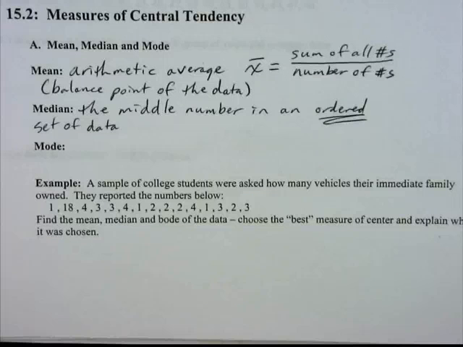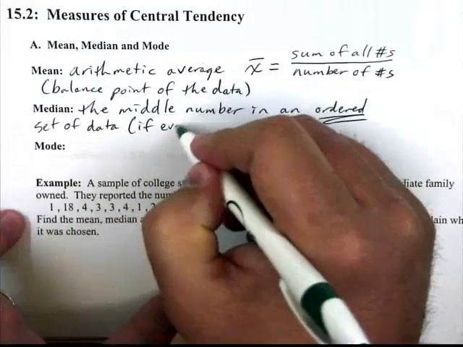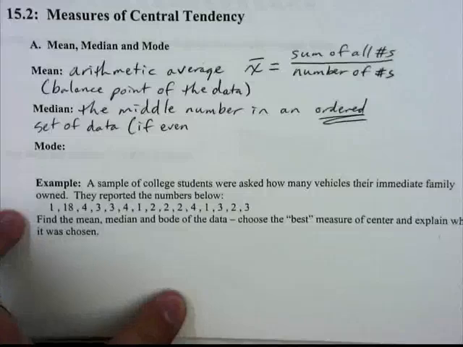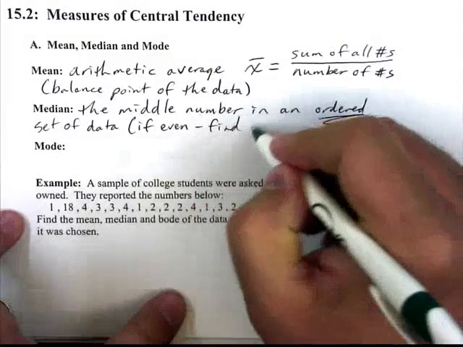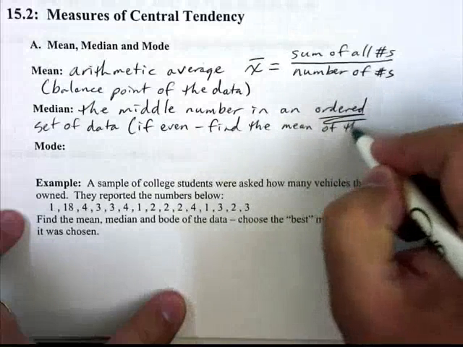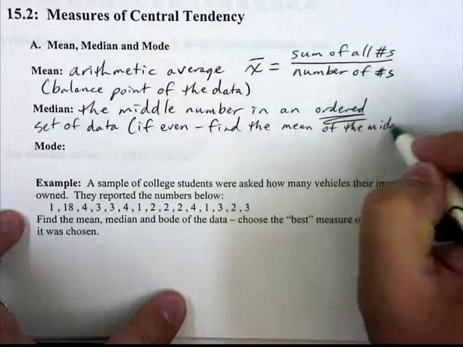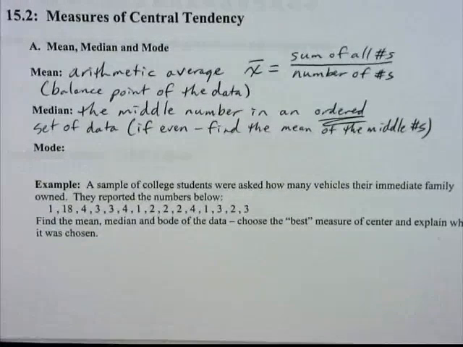But if you've got an even number of data points, then you have two numbers in the middle. And so if even, what you do with those two numbers is you find the mean of the middle numbers. Okay, so you just find the mean of those two numbers that are in the middle.